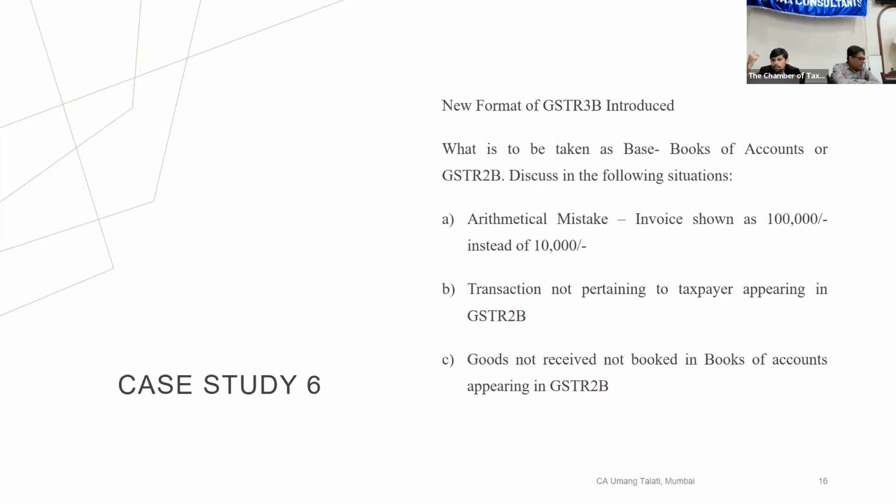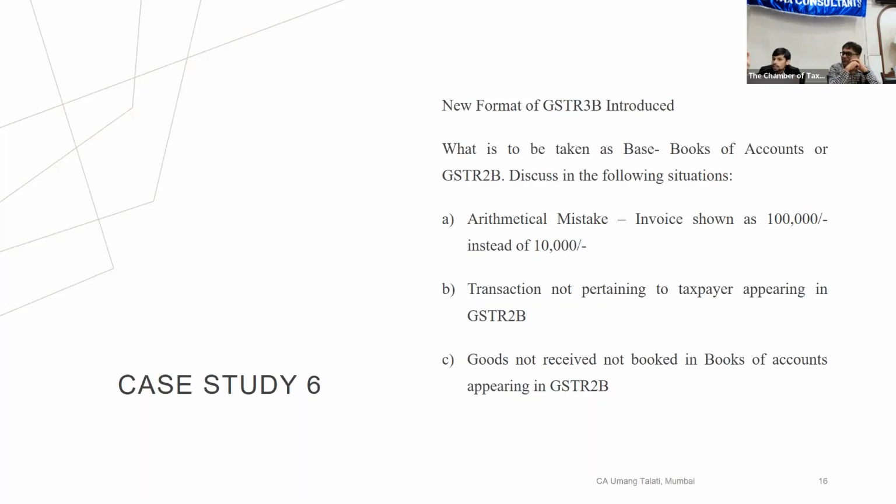I purchased from someone, and instead of showing 10,000 rupees as credit, he showed 1 lakh rupees of credit. One zero got added. In this case, this is never my credit. Am I supposed to show it in 4A and reverse it in 4B? Is it logical? Because it is not my credit at all.